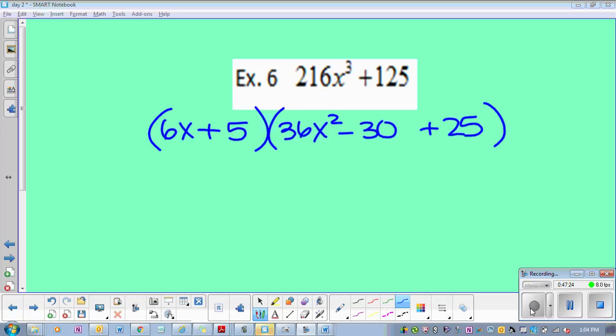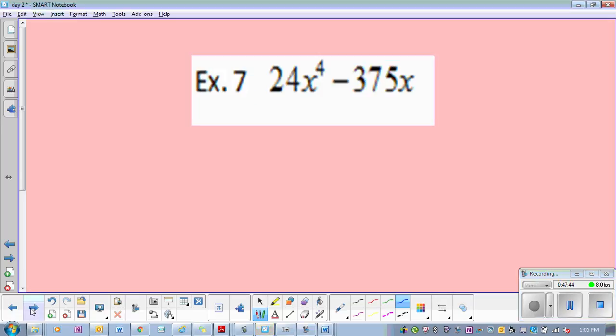X. Dylan, you know what it is? Because I know. Okay. X. Don't forget the x. Because if you do not put the x, then why can't I just combine negative 30 plus 25? And then now we're missing a term, right? Okay. Great job, guys.